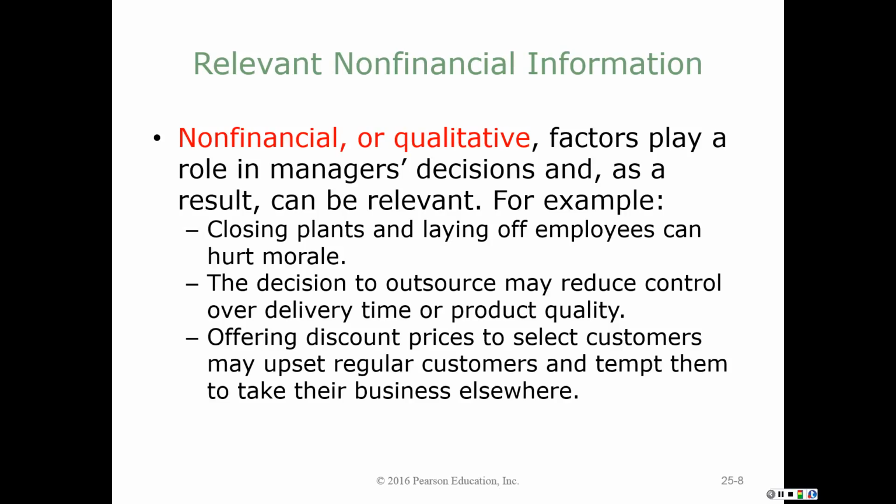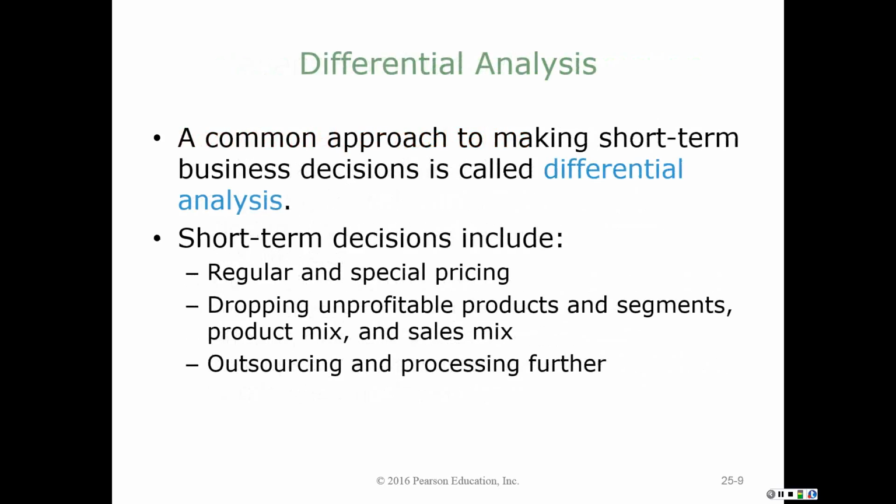So we typically use what your book calls a differential analysis. We're simply trying to decide what happens to our income or our contribution margin as a result of the two or three different, however many we're looking at, alternatives that we're trying to consider.